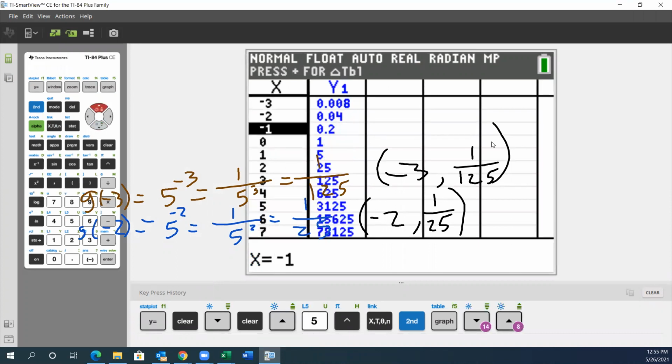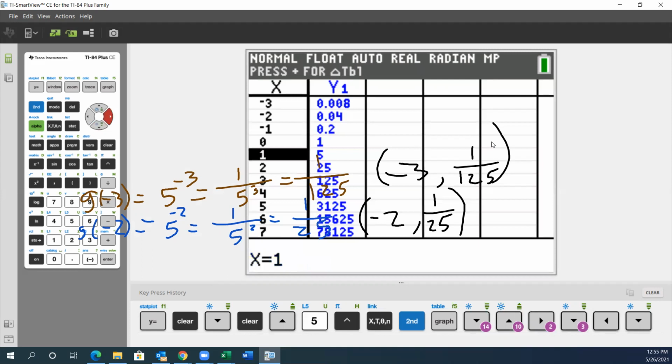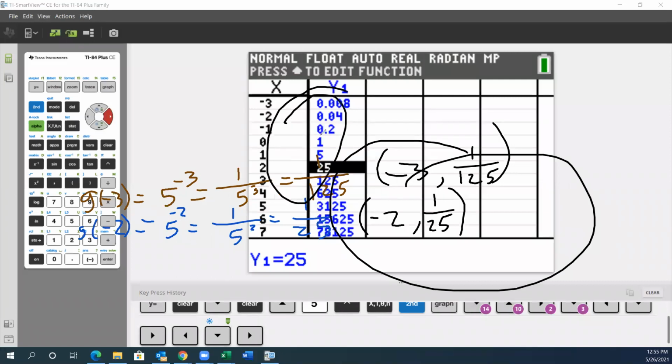So boom, there's everything right there. 0.008, that's 1/125. 0.04, that's 1/25, and so on. So this is another way to do it. But you need to be able to do it by hand, but also by calculator. Be able to do it both ways.